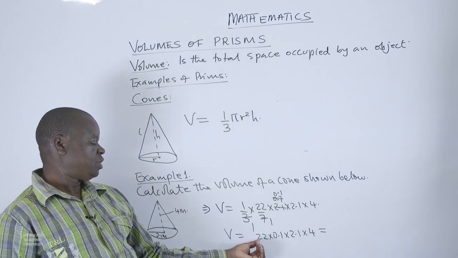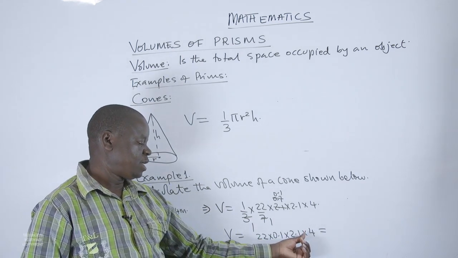So we get the volume as a third times 22/7 times 2.1 times 2.1 times 4.